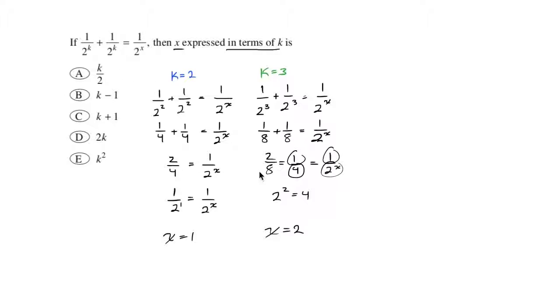All right, now let's go back and figure it out. Remember, we said k was going to be equal to 3. So now 3 over 2 is not equal to 2, so we've eliminated this answer now. It was true when k was 2, but not when k was 3. This one is true now, because k was equal to 3, we get x equal to 2. And obviously, these aren't going to work.